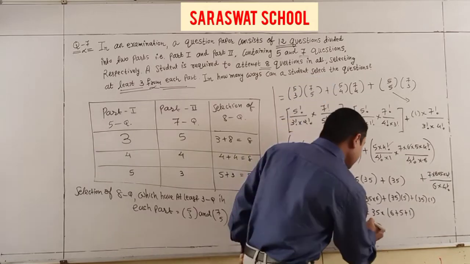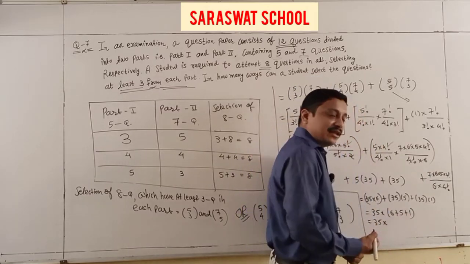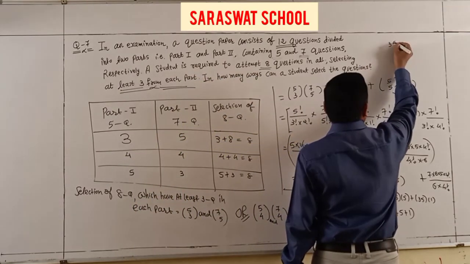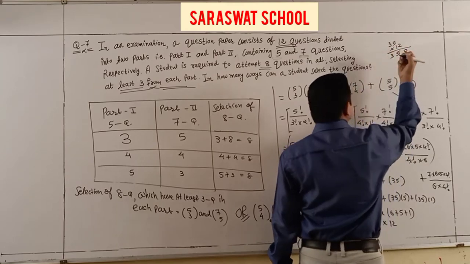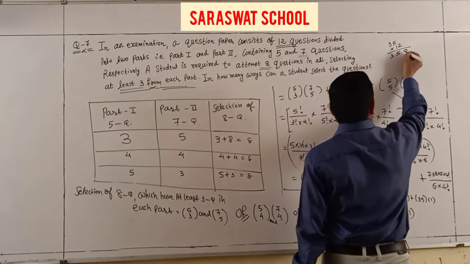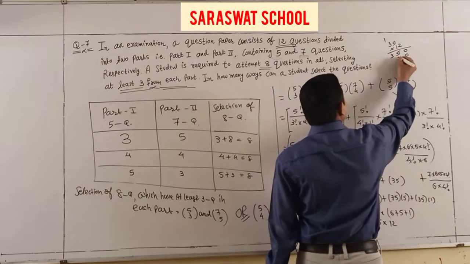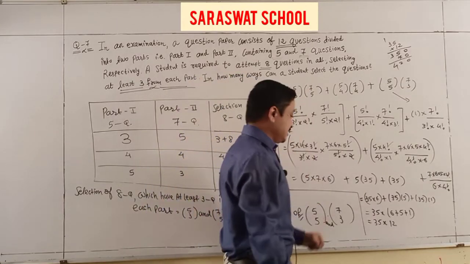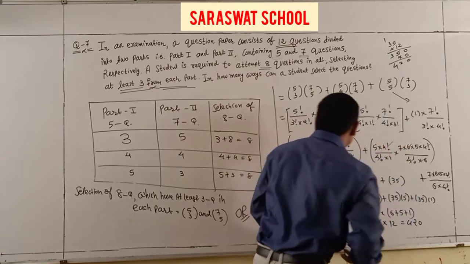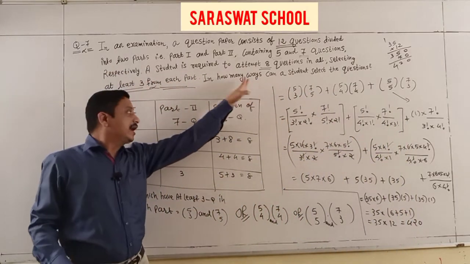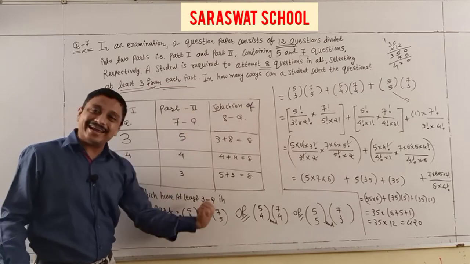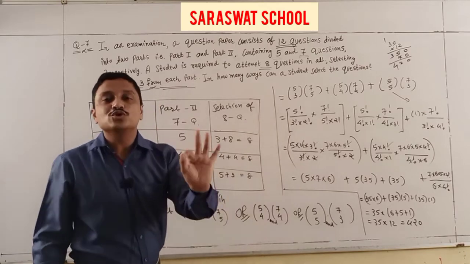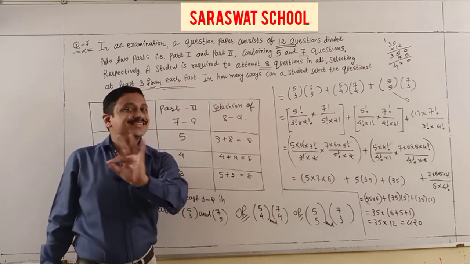So my answer is 35 into 12, since 6 and 5 is 11, and 1 more is 12. Now the multiplication: 35 into 12 is 420. In total, the ways of selection: our question paper has at least 3 questions from the first part, at least 3 from the second part, and a total selection of 8 questions. My answer is just 420 ways. Yes students, this question is done.